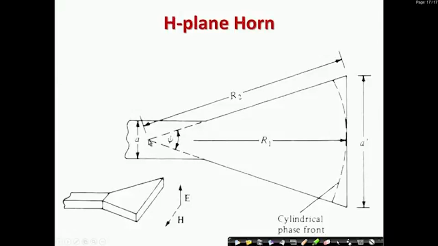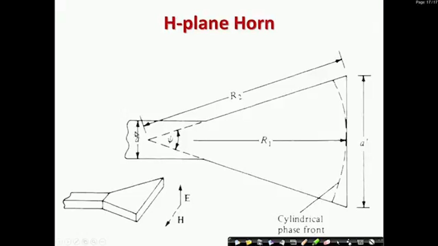We will call this the apex of the horn. At this point the flaring is making an angle psi, the flare angle. The distance from this apex to this end we are calling R2, and if we go straight from this apex to the center of the horn aperture, that we are calling R1.